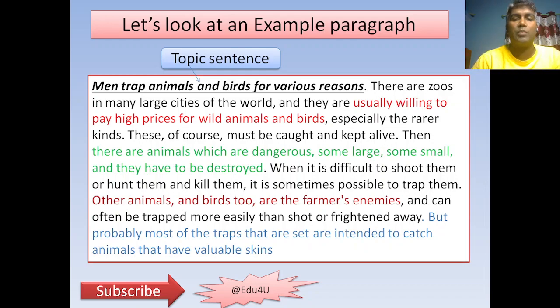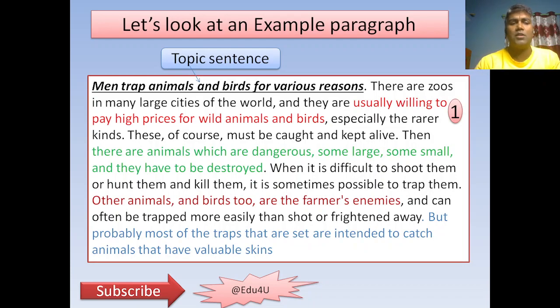What is the main idea of the paragraph, or what is the main message of the paragraph? Now, the rest of the sentences would be giving the reasons why men trap animals and birds. Now look at the reasons. The first reason is that birds or animals are usually trapped because they are sold for high prices.